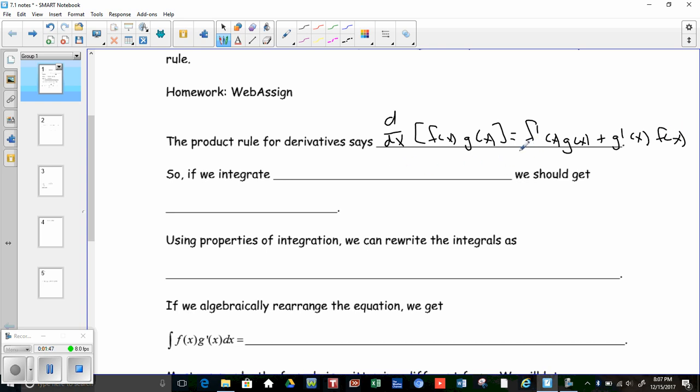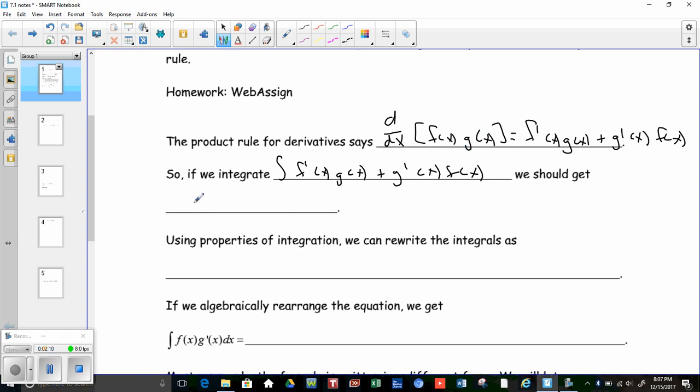So logically, what we should think is, if the derivative of this product is this, if I were to go ahead and integrate f prime of x, g of x, plus g prime of x, f of x, we should end up right back where we started from.